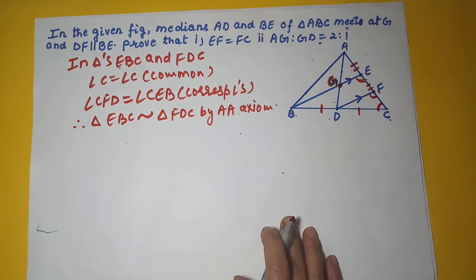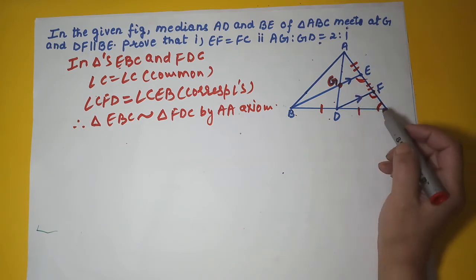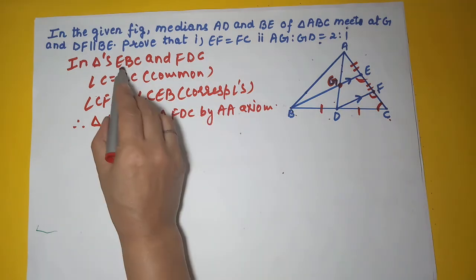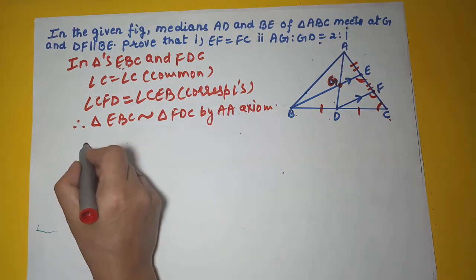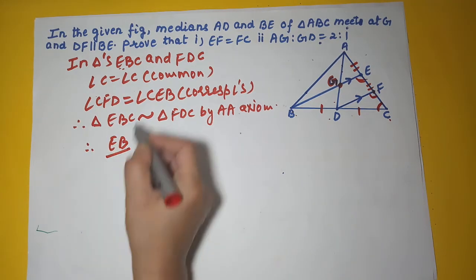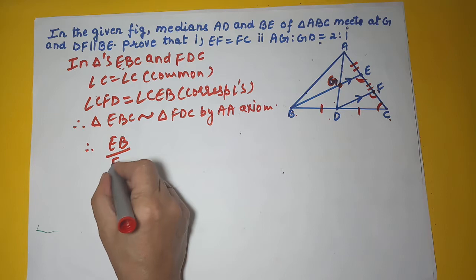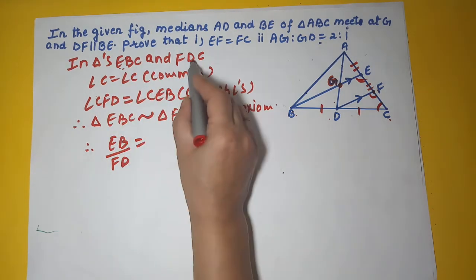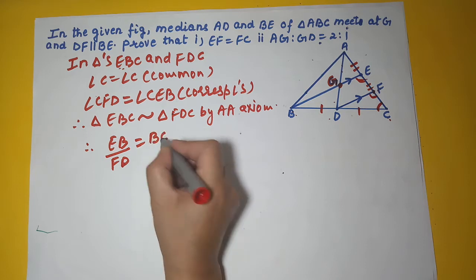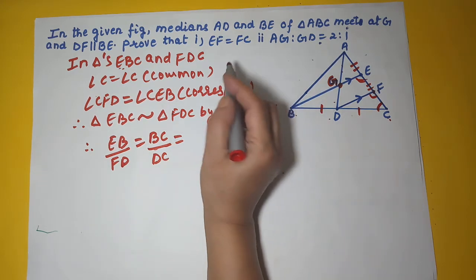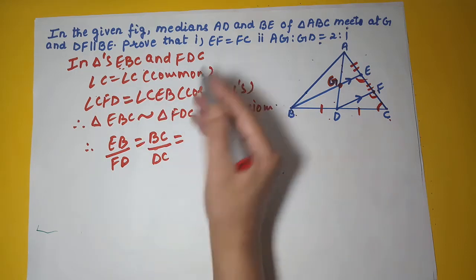Fine. Now, what does it prove? How does it help us? When two triangles are similar, their corresponding sides are proportional to each other. So let's set the proportionality. We can say, therefore, EB upon FD is equal to BC upon DC is equal to EC upon FC.